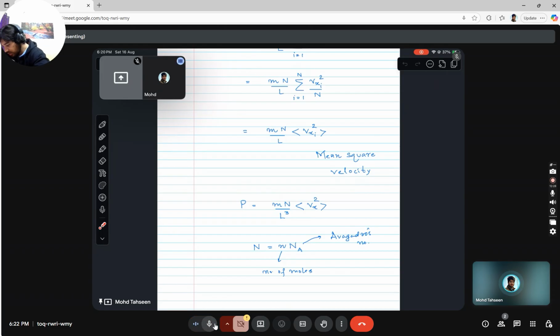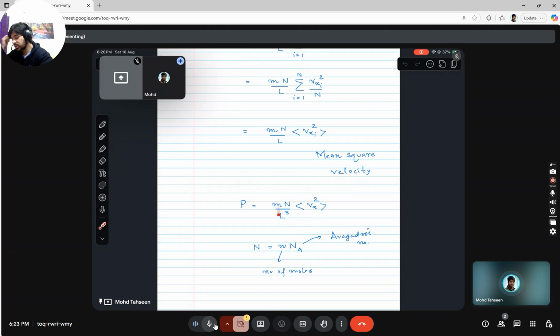Sorry about that. So we calculated the expression for pressure. This is what the expression for pressure comes out to be, and here we see that mn gives the total mass of all the particles in the system, and L cube is the volume.